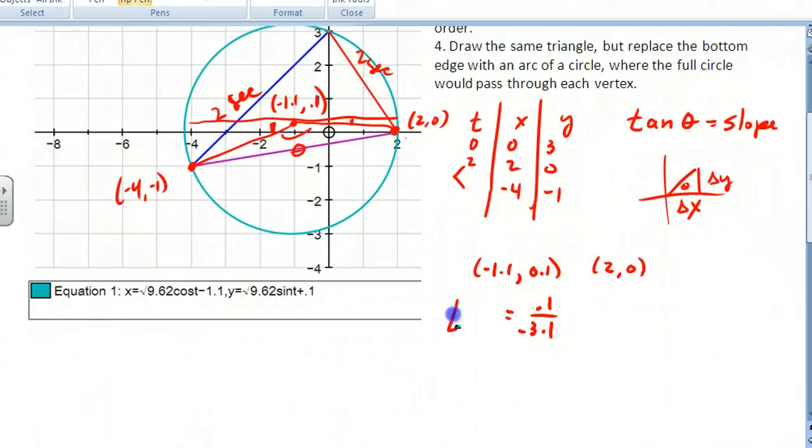That would be the tangent of my theta with respect to the horizontal. And so if I solve this by taking the inverse tangent of that, I get negative 0.0332. So that little itty bitty angle measurement in there is 0.0332. Oh, I'm sorry, it's 0.0322.